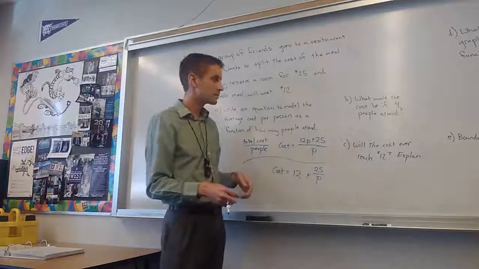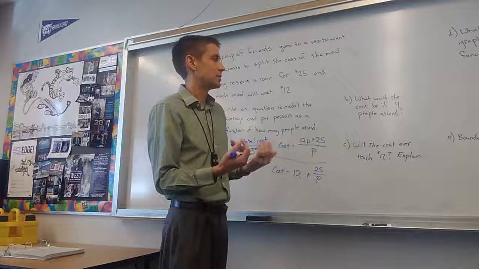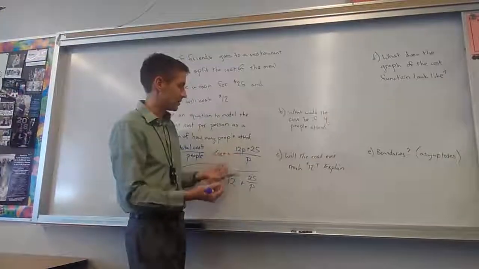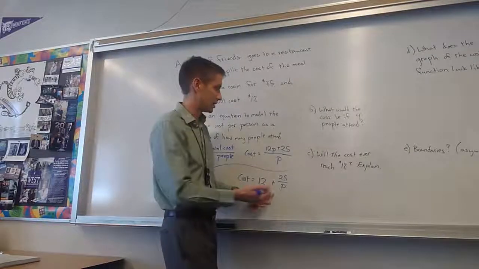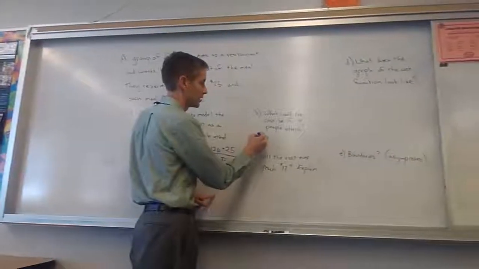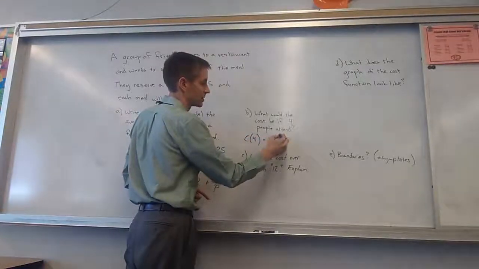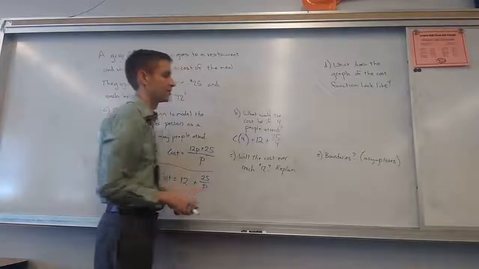Well, we want to move on to the second piece and say, cost if 4 people went to the dinner. Let's take either one of these and try to figure that out. I'm going to use this bottom one. So the cost when 4 people attend would equal the $12 that each person has to pay, plus their fraction of the $25 that they paid for the room.